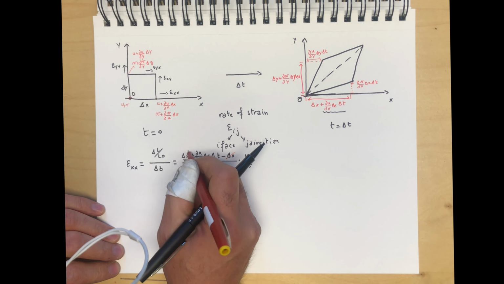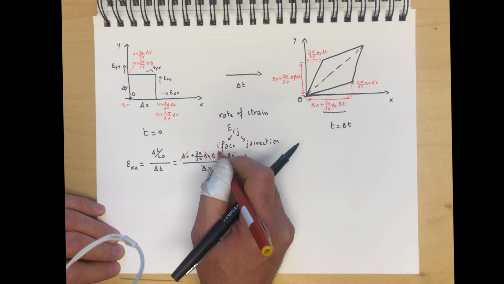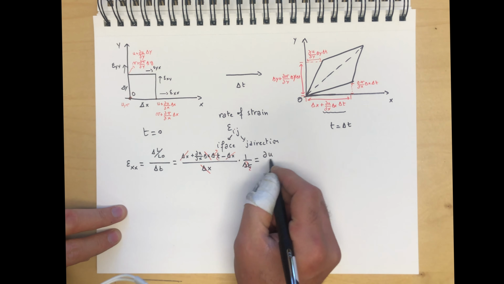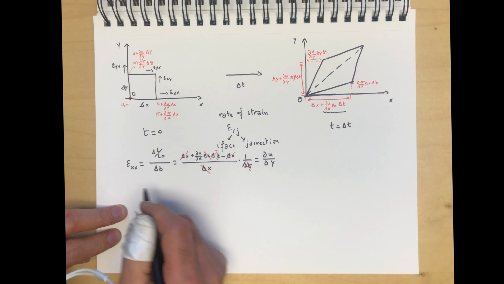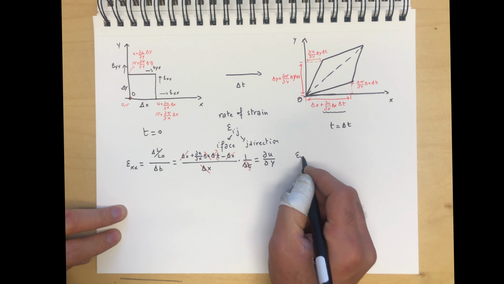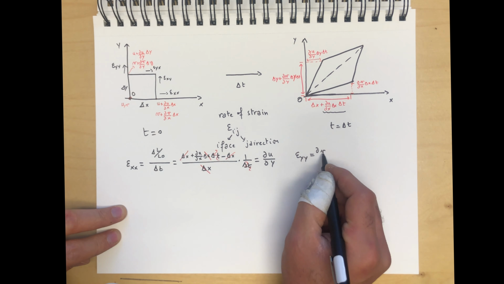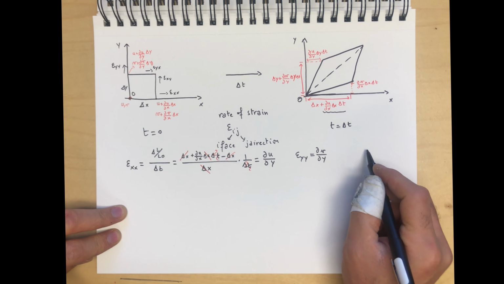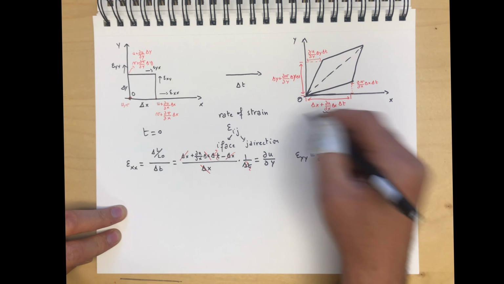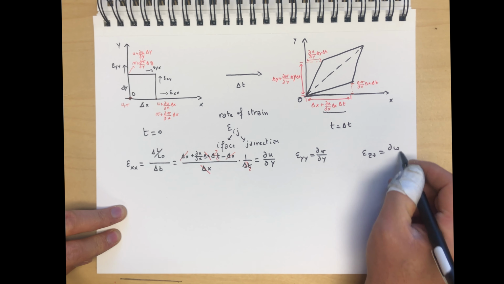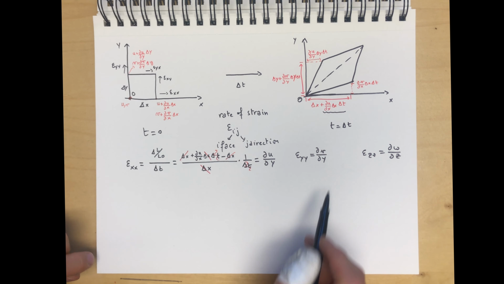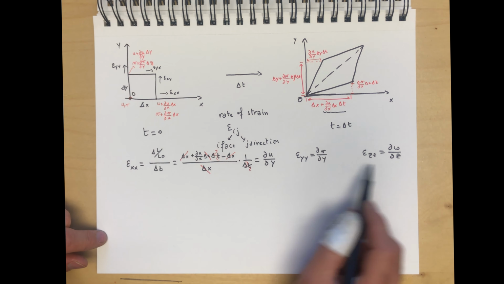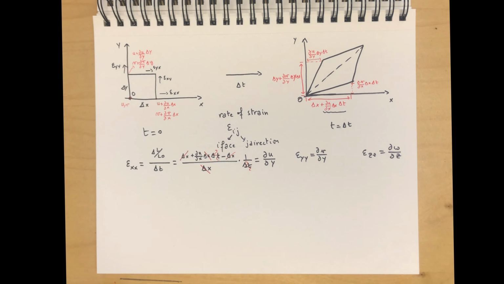The delta x and delta t cancel, and you get this equal to du by dx. And similarly, epsilon yy is dv by dy. That's the rate of stretching in the y direction, and same thing for epsilon zz. We didn't illustrate that here. That's dw by dz. So really the normal strains are just related to the dilatation of the fluid element.